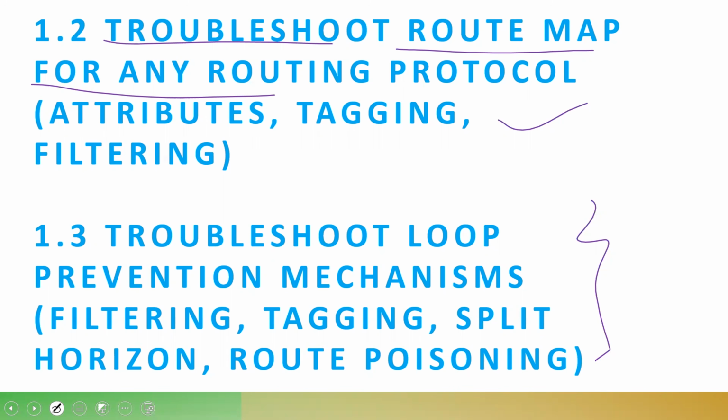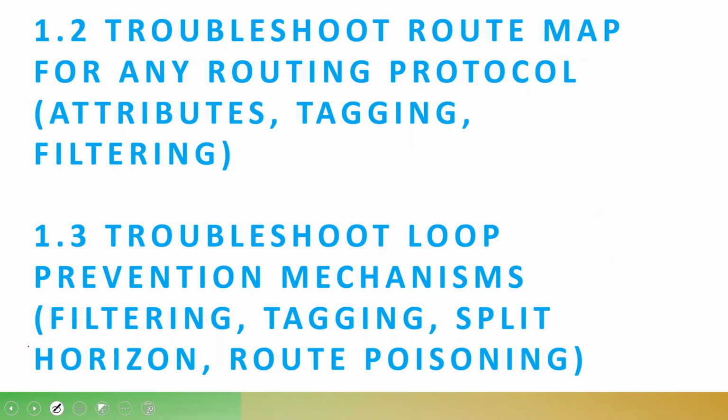So in that EIGRP video, I will go and cover different types of mechanisms related to loop prevention. So when I go and give you detail about specific protocols like EIGRP, OSPF, or BGP as per our syllabus, then I will go and cover section 1.3, because it seems like only one bullet point, but we should understand the routing protocol, the mechanism, and then we can go and apply different types of rules to protect from the routing loops.